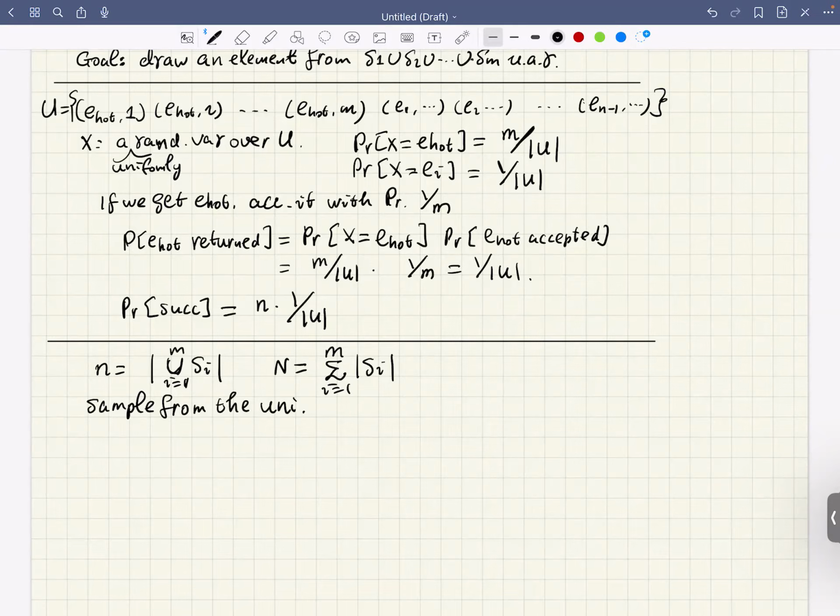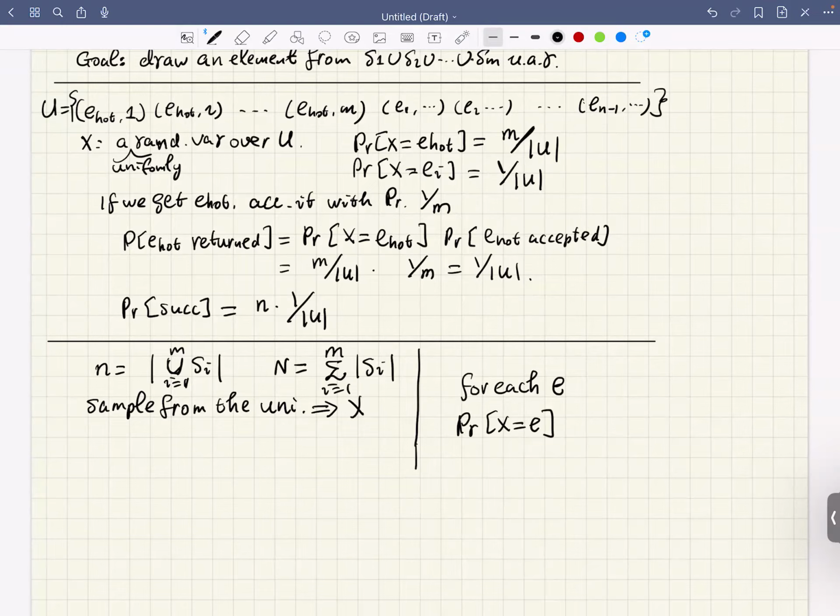So let's say we get this sample X, and we have to decide how to do the correction. So we have to analyze what is the probability that an element gets sampled. So let's say for each element Y, if I want to calculate the probability for X being Y, would you be able to do it? This is my first question for you.